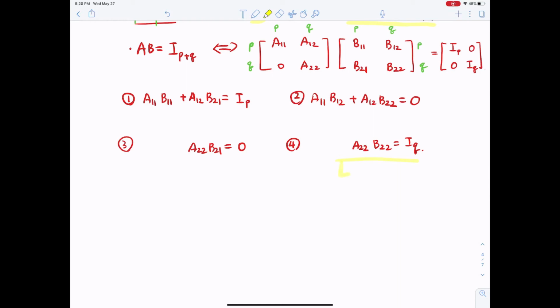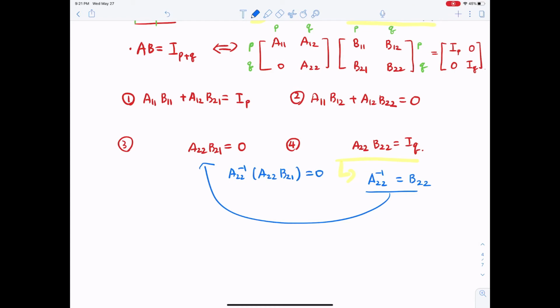From here, we can tell that A22 has an inverse matrix, and the inverse equals B22. If you apply this to the third equation and multiply by A22 inverse on both sides, this gives you A22 inverse times A22 B21 equals 0, or I times B21 equals 0, so B21 equals 0.